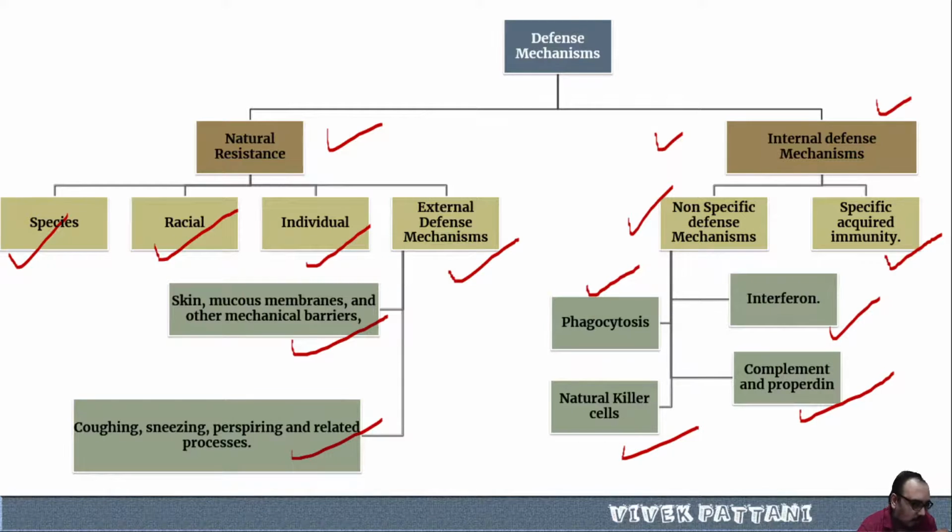And the third one, the induction of the experimental disease in resistant species only by massive doses of the microorganisms and often by an unnatural route or under unnatural conditions. So there are various other reasons.